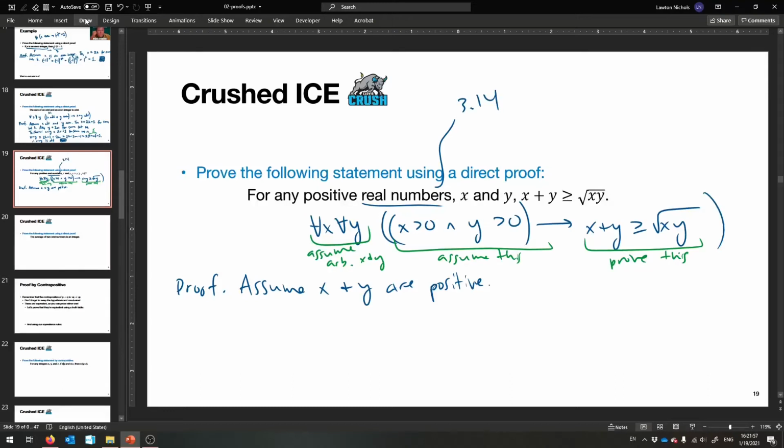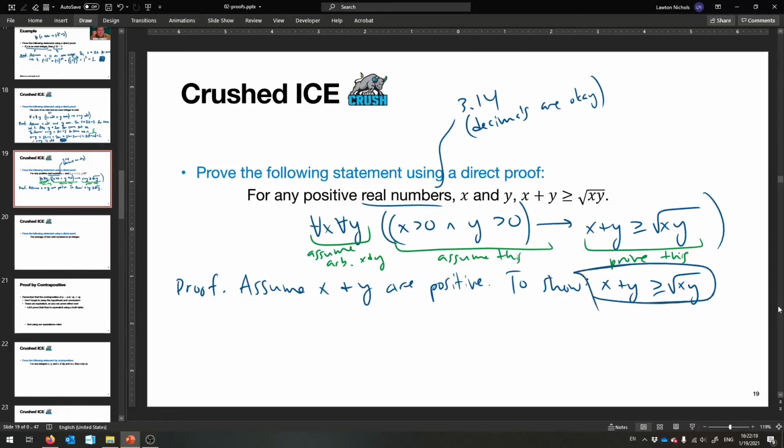So decimals are okay. Okay, so assume that x and y are positive numbers. We need to show now that this is true. Okay, to show x plus y is greater than or equal to square root of xy, and then we will have proven the entire theorem, if we can just show this.